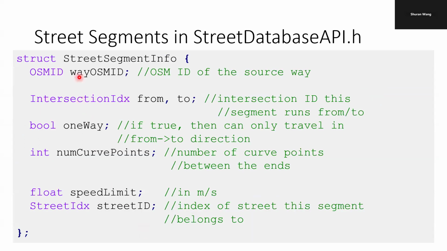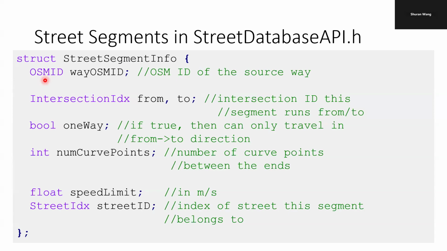For example, the information for each street segment is stored in the struct street segment info. For each street segment, it stores its OSM ID. The OSM ID is the universally unique ID that's given to any entity in the map. Universally unique refers to it being unique within all of the entities, including the street segments, the intersections, etc. And it's unique across all maps.